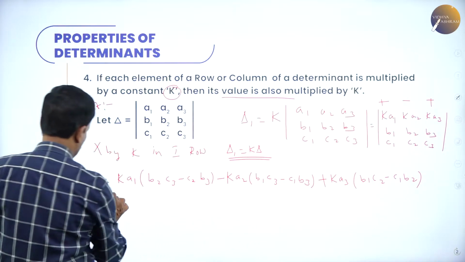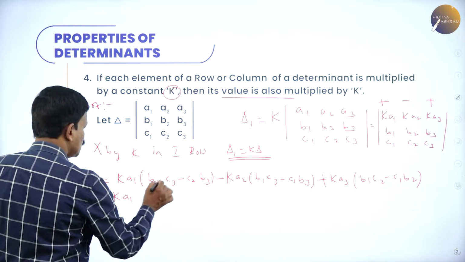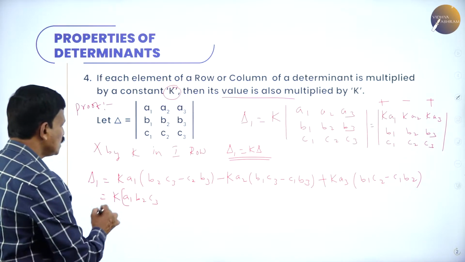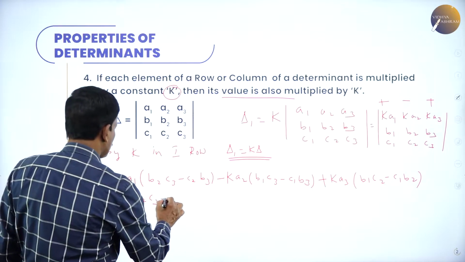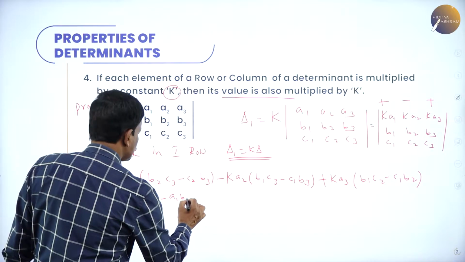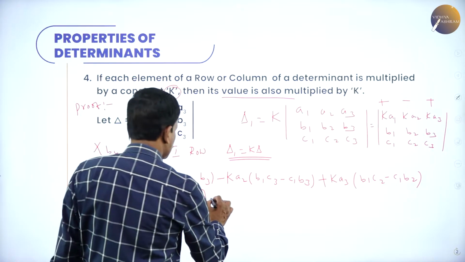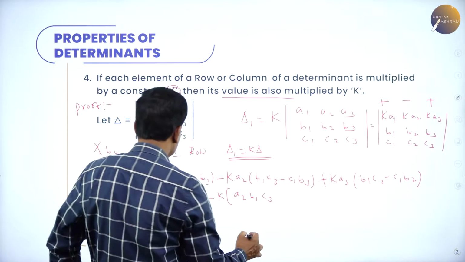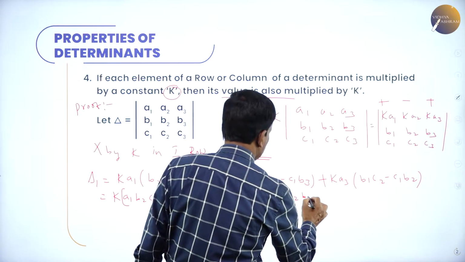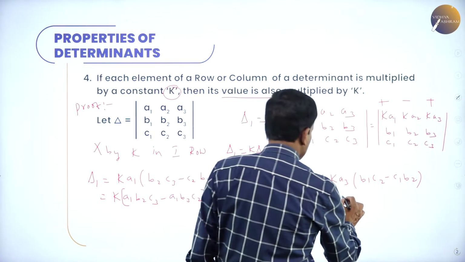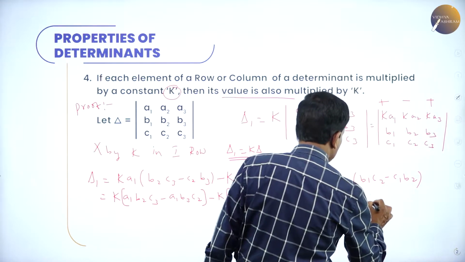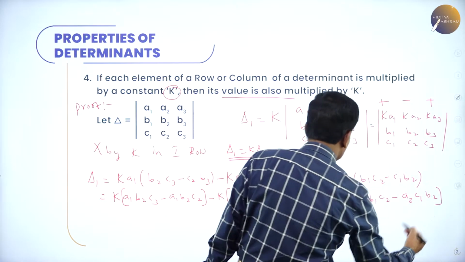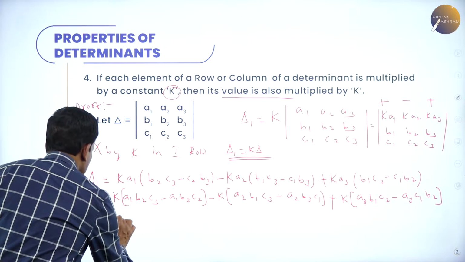Simplify this. This is equal to k into a1, b2, c3 minus a1, b3, c2, minus a2, b1, c3 plus a2, b3, c1, plus a3, b1, c2 minus a3, c1, b2, keeping k out.